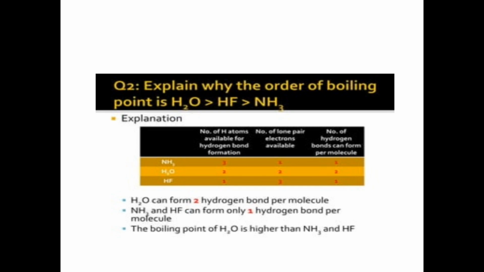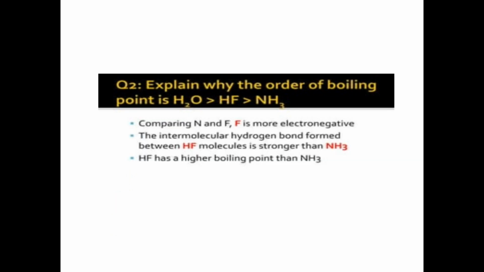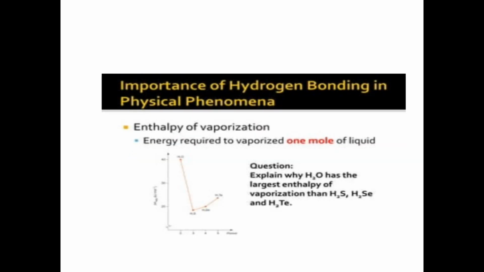So therefore, the boiling point of water will be greater than those two. Then when we compare between N and F, F is more electronegative than N, and as a result of that, the intermolecular hydrogen bond between HF molecules will be stronger than that of NH3. So HF, again, has a higher boiling point than NH3.